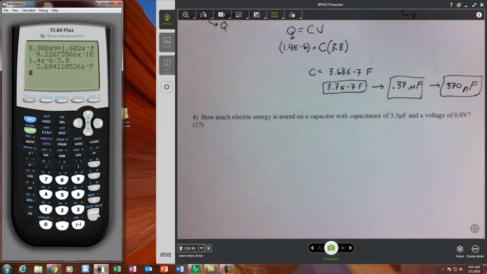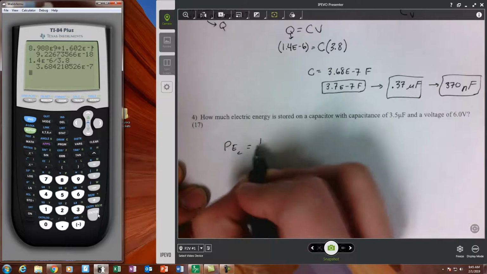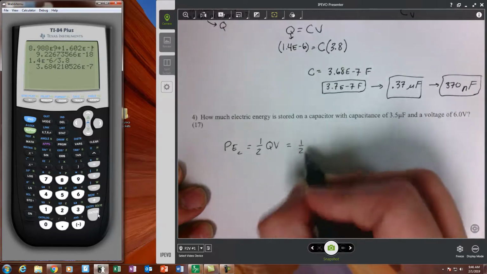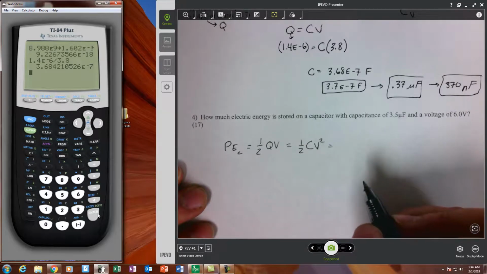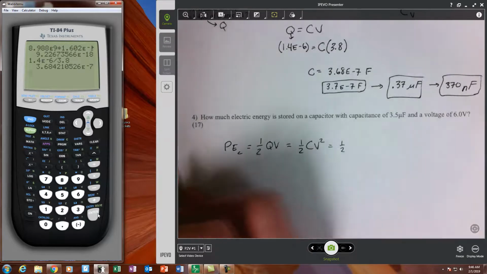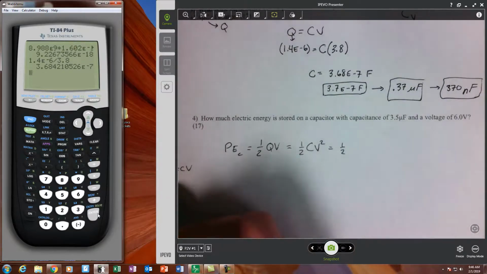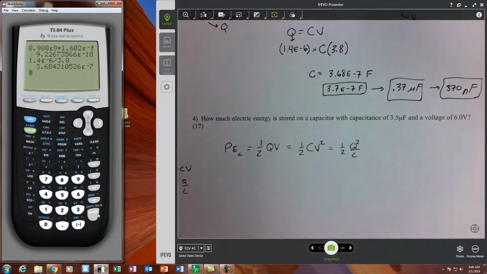If we think about the formulas we're given and start talking about the potential energy on a capacitor, we know the potential energy from a capacitor is always 1/2 QV, or 1/2 CV squared, or, since Q equals CV, if you solve for V, it's Q over C. So that would be Q squared over 2C. There you go. Those are our 3 versions.